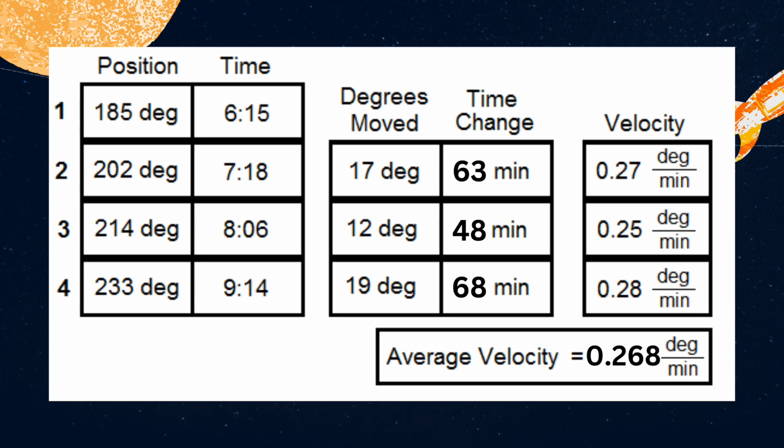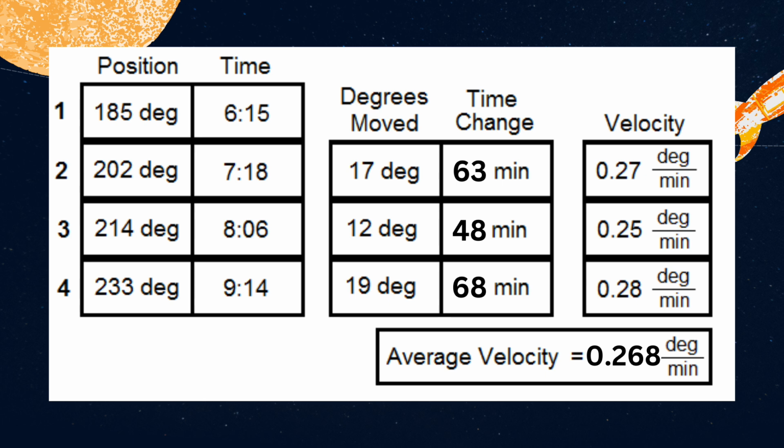So how are we going to get the average velocity? To get the average velocity, we are going to add all the degrees moved, which is 17 plus 12 plus 19 equals 48. Also, we are going to add the time change, which is 63 plus 48 plus 68 equals 179, and we are going to divide those results.